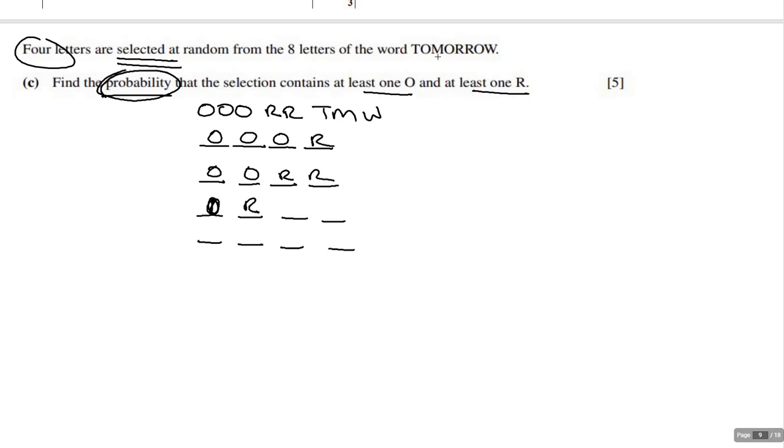Now, what else can I do? Let's stick with our 1 O. 1 O and 2 R's. That's another possibility, right? And then I would have 1 empty space for either T, M, or W, yes? Yes. Okay. Anything else?